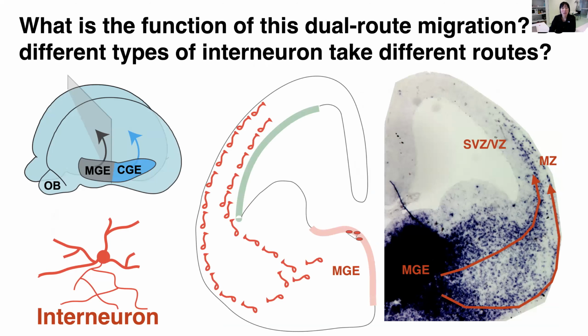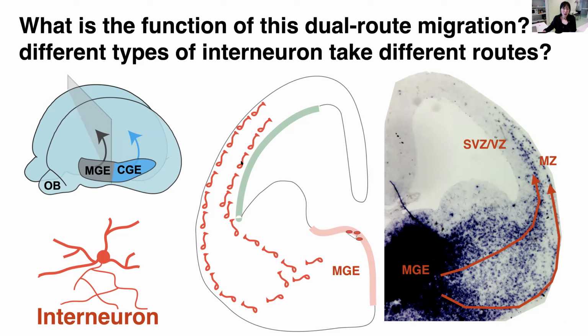We know that cortical inhibitory neurons are born outside the cortex in the ganglionic eminences, abbreviated here as the medial ganglionic eminence, MGE. The bulk of the inhibitory neurons come from this region. To get to the cortex, they perform a long tangential migration via two very distinct routes, one at the marginal zone and the other at the subventricular zone.